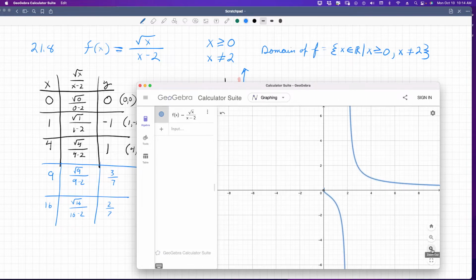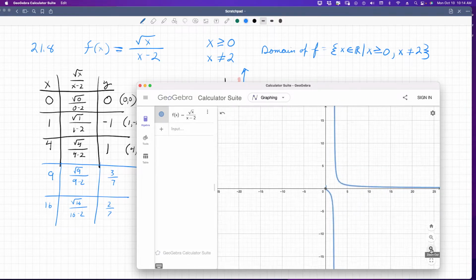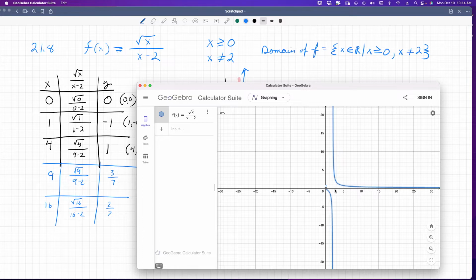I'm going to back this up a little bit. Let's zoom out so we can see what we have. And we can see that we have all the y values possible. It's just that x cannot be equal to 2. We have all the negative y's and all of the positive y's, except for, and actually it comes all the way down.